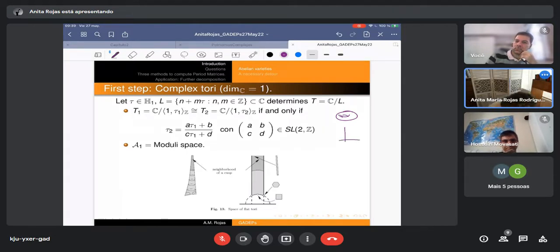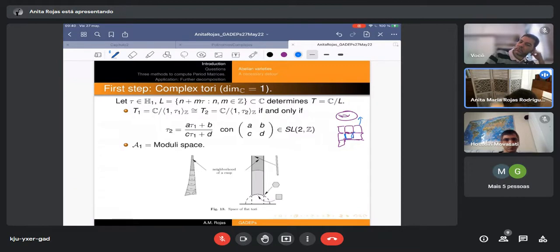The lattice gives us a region, a partition of the complex plane, and then you have to identify sides, and then you have that shape.